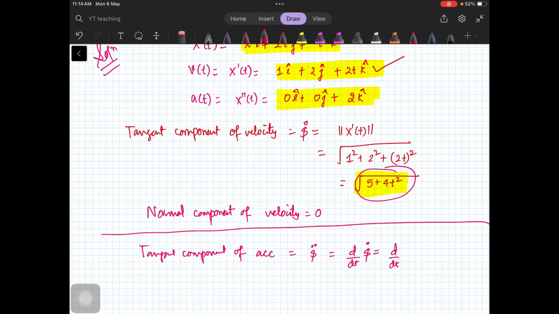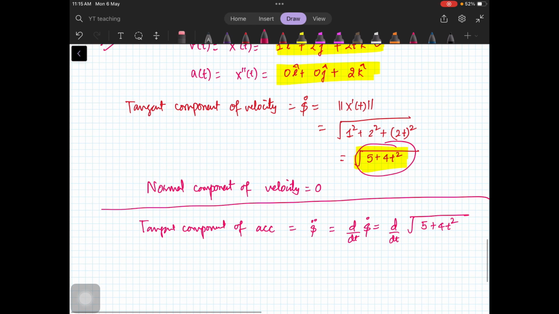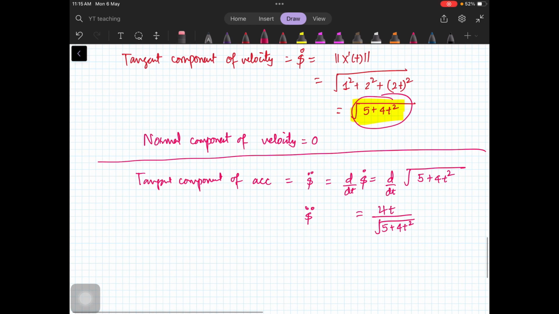So that would be d by dt of square root of 5 plus 4t squared. And if you differentiate, this will be 4t upon the square root of 5 plus 4t squared. So this is your tangential component of acceleration, right? And now this is basically my a tangential, and now I am interested in a normal.